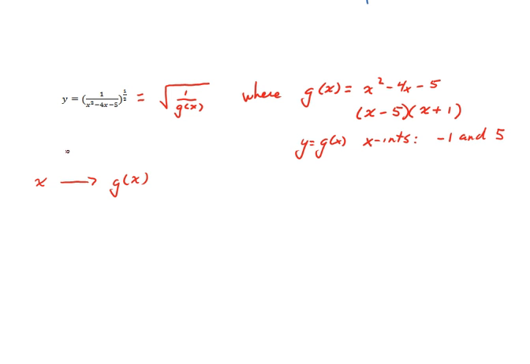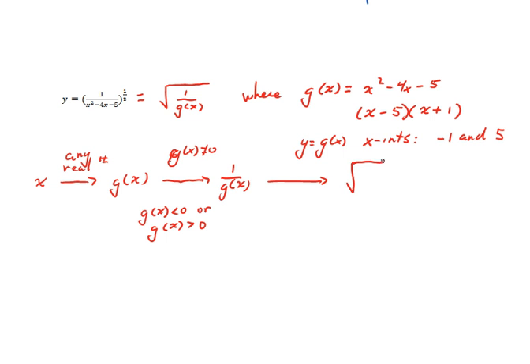Since g of x is a quadratic, we can have any real number. When we take the reciprocal of g of x, g of x cannot equal 0. That means g of x is less than 0, or g of x is greater than 0.